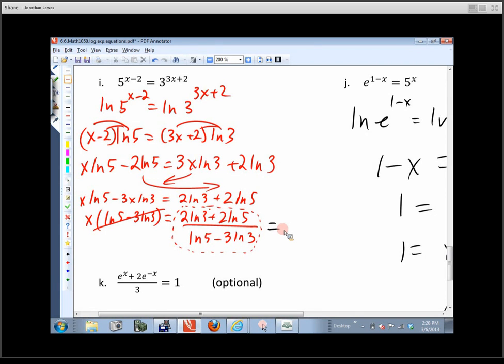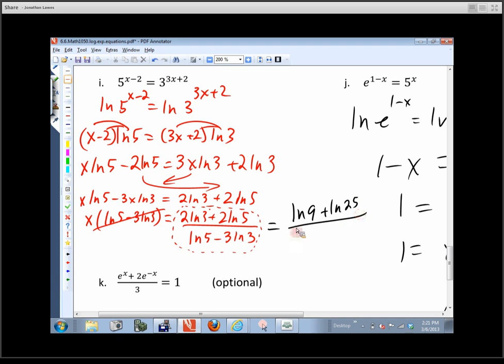Could we clean it up just a little bit? Probably. I'm not going to write 2 ln 3. I'm going to write ln 9. I'm not going to write 2 ln 5. I'm going to write plus ln 25.